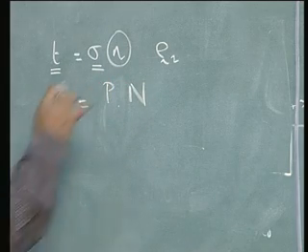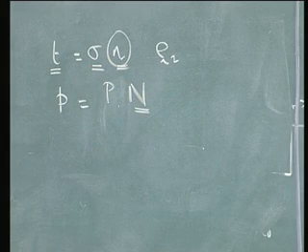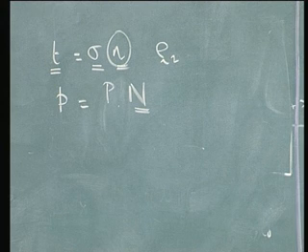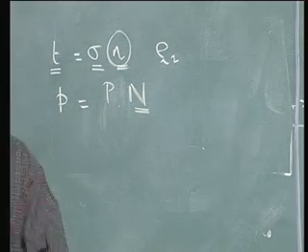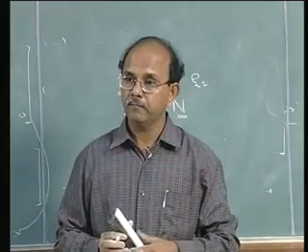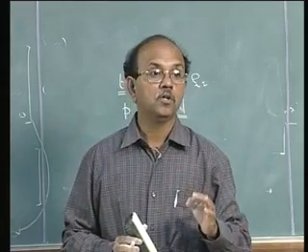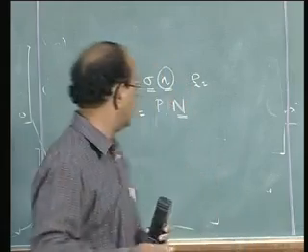Note the difference between small n and capital N. Small n is the normal at the point of interest, along a surface ds in the current coordinates, and capital N is the same normal in the reference configuration, the reference coordinate. So note the difference between the two. So your first job now is to find out F.